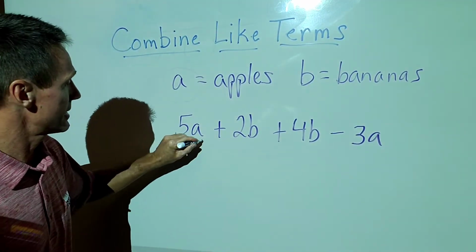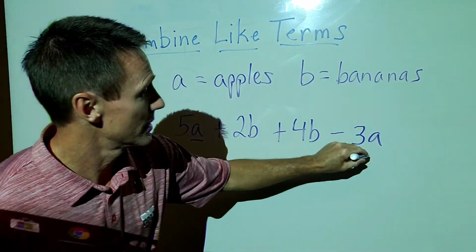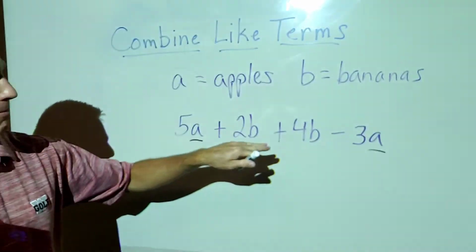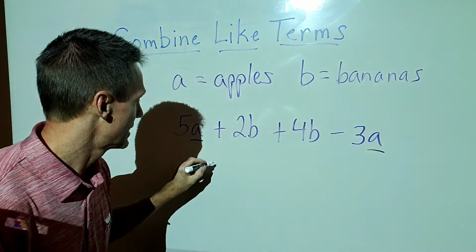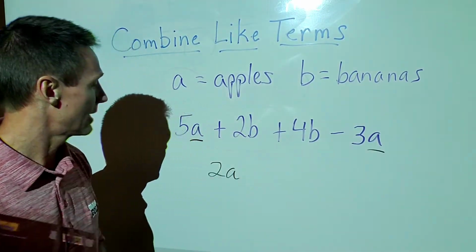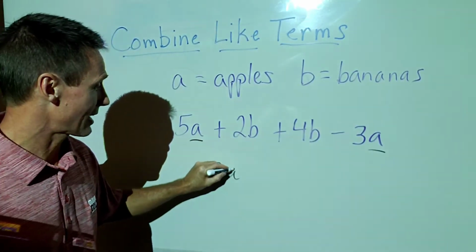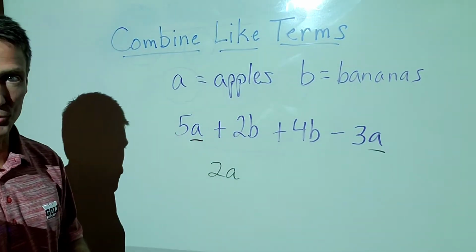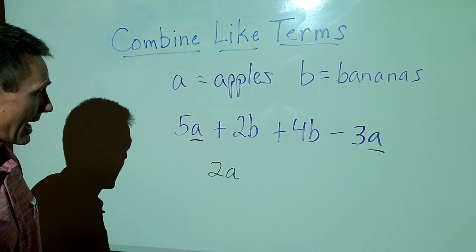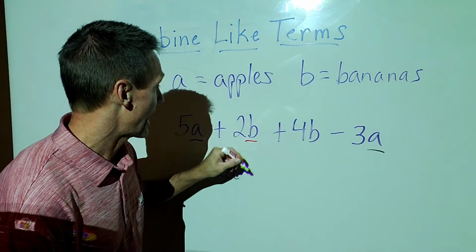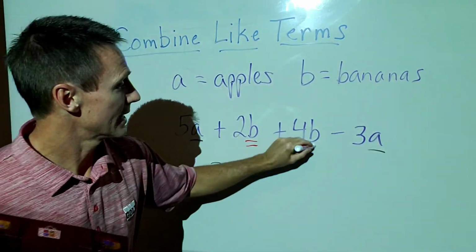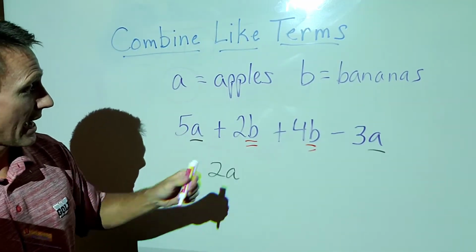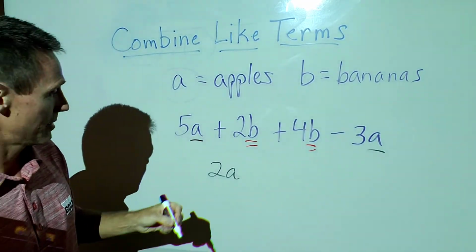In this case, 5 apples, and we are taking away 3 apples. So if I had 5 apples and took away 3, with my second grade math skills right there, 5 minus 3 would be 2 apples remaining. Now bananas, I had 2 bananas, and they gave me 4 more. So in this case, I would have 6 bananas.